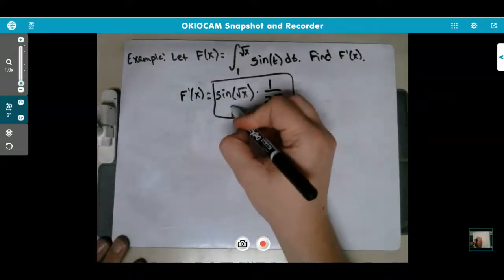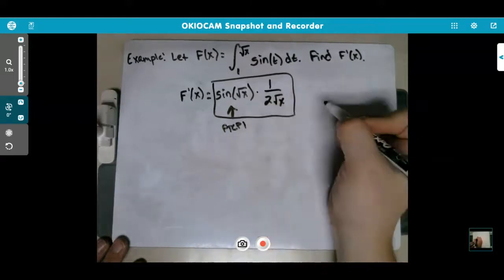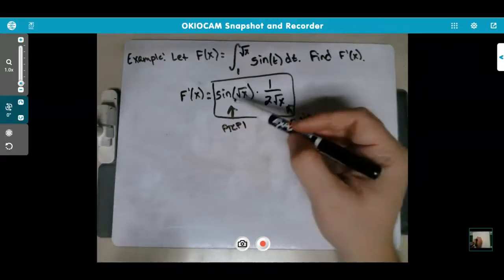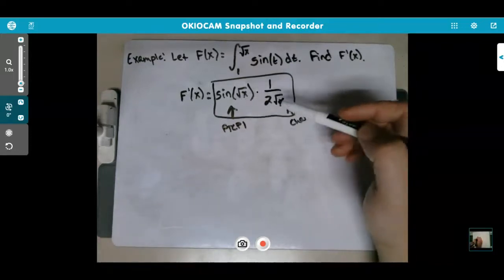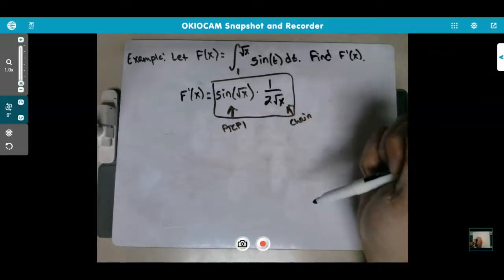So again, this first part we get from the fundamental theorem of calculus part 1. And then this part is from the chain rule because then I have to multiply that by the derivative of the square root of x.